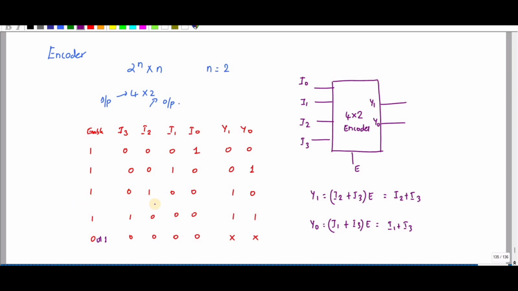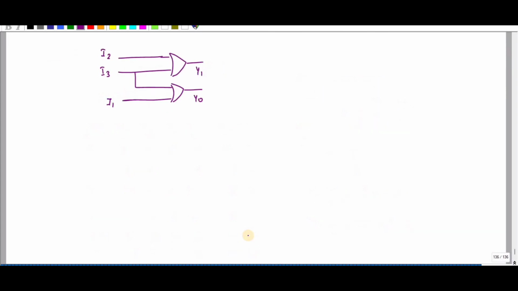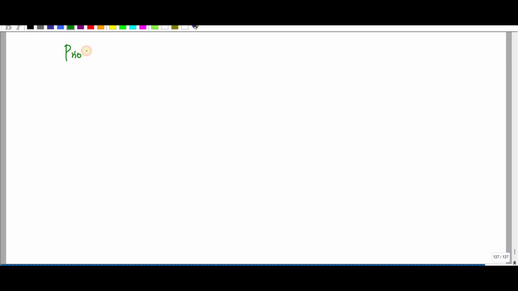If the enable pin is 1 and instead of 0 0 1 0, I give the input as 0 0 1 1, with the enable pin as 1, the output will be XX. XX means it will take any value. So this will result in a bad, wrong output. Therefore we are going for a priority encoder.